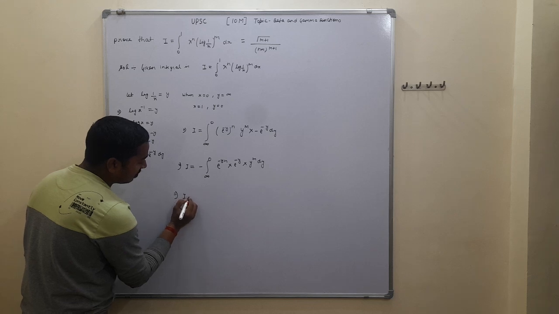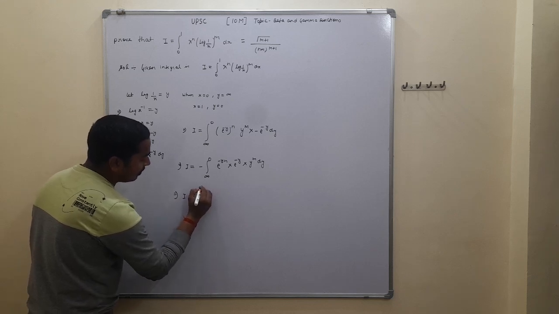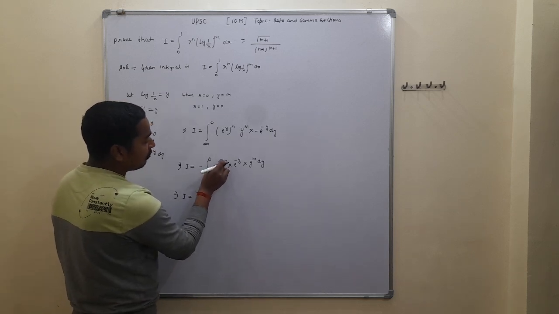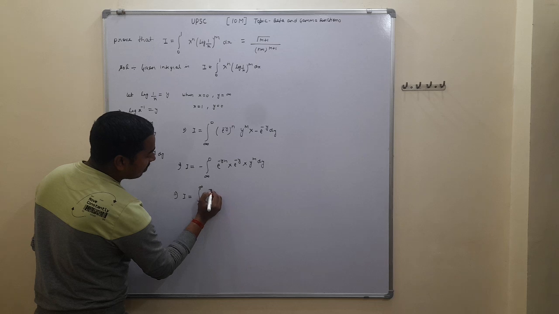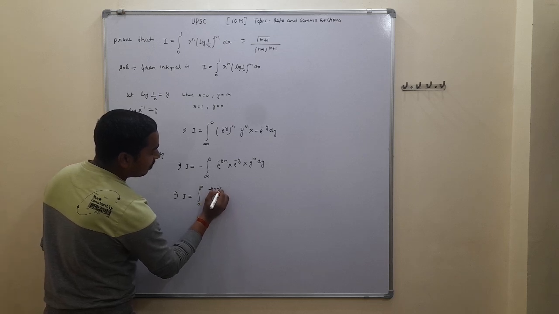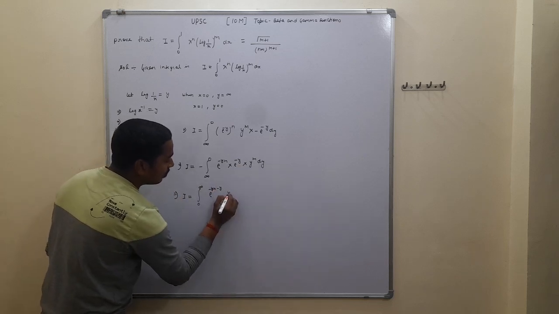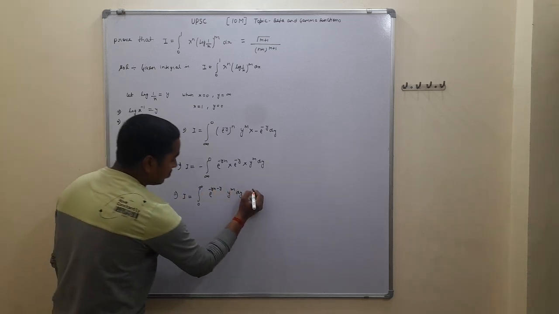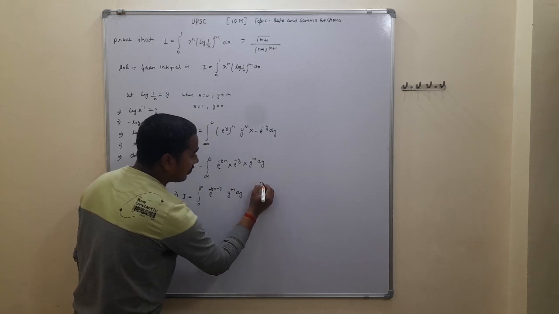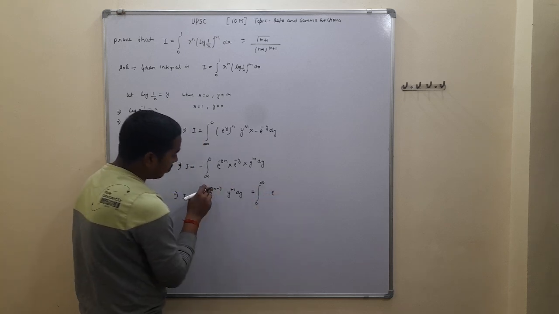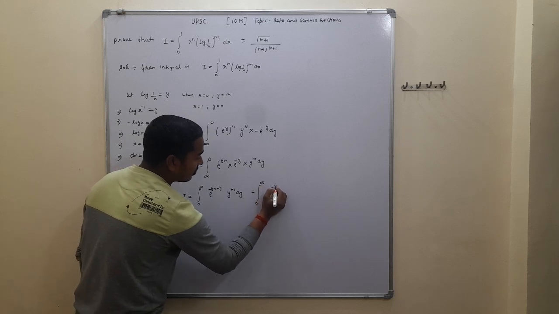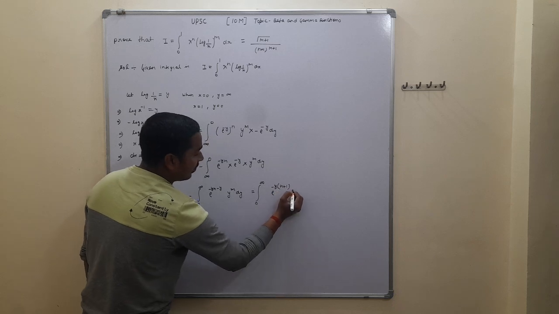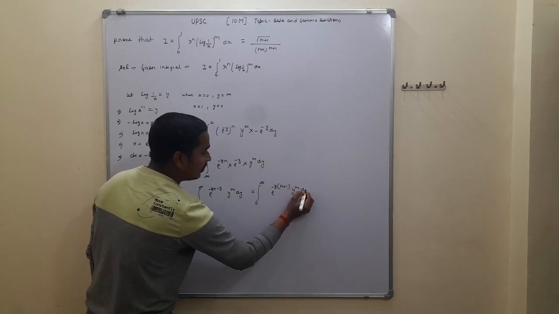This is given by I equals integral, limit 0 to infinity, and from here e to the power of, the bases are same, so powers are added: minus y n and minus y, into y to the power m dy. We can also write this as integral 0 to infinity, taking minus y common, e to the power of minus y (n plus 1), y^m dy. Let y(n+1) equal t.